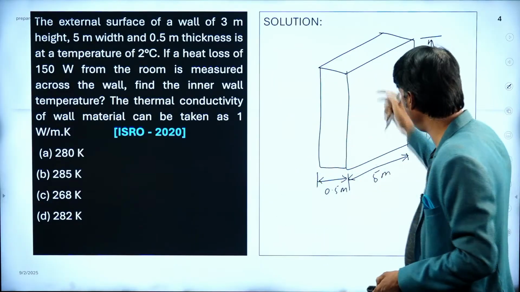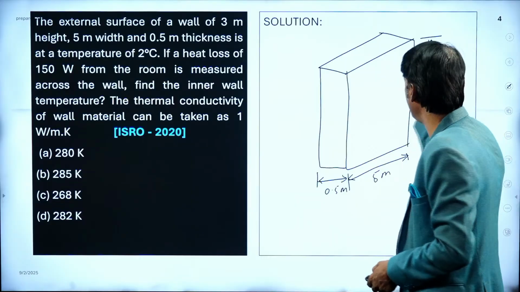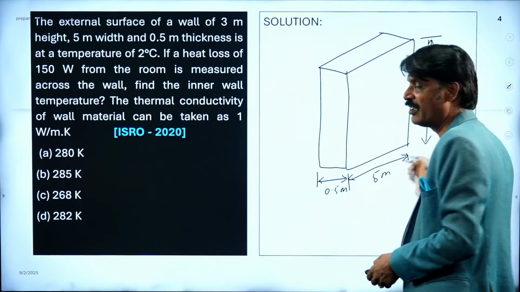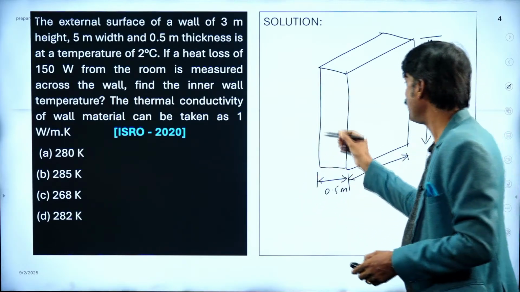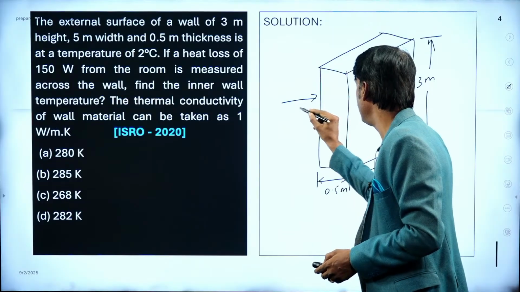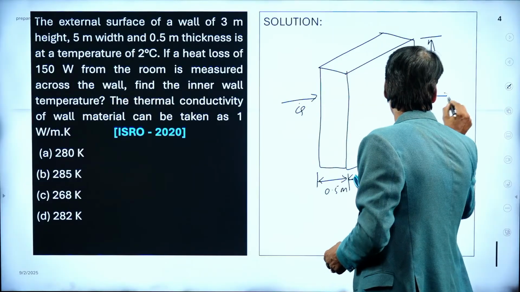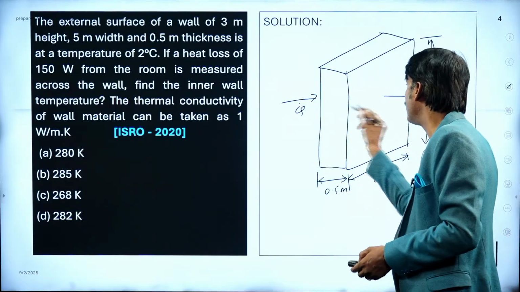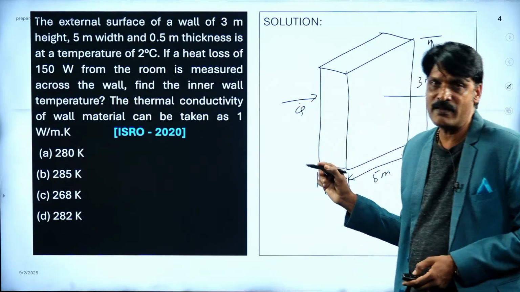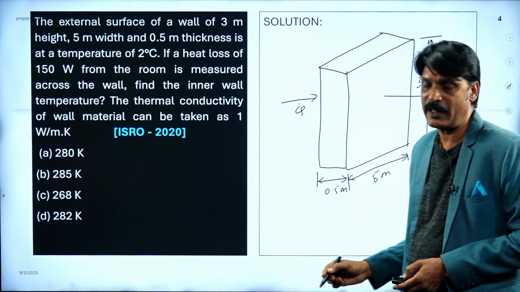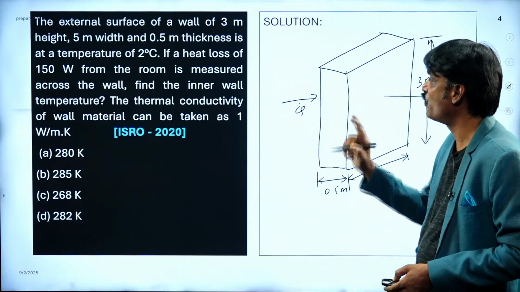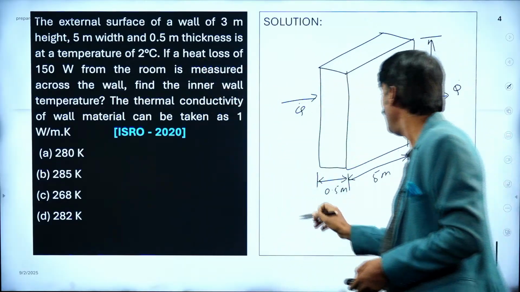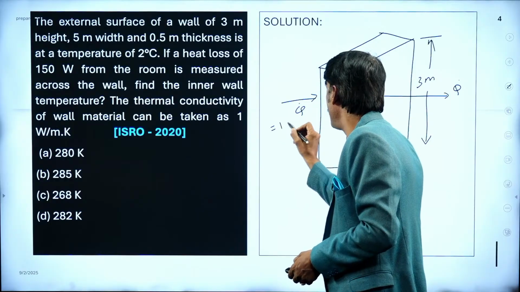It can be in X, Y or Z. So I am taking Q dot along this direction, where the thickness is minimum and thermal resistance is minimum, so heat flows through this direction. He is clearly saying the heat loss is 150 watts, so he has given Q dot as 150.